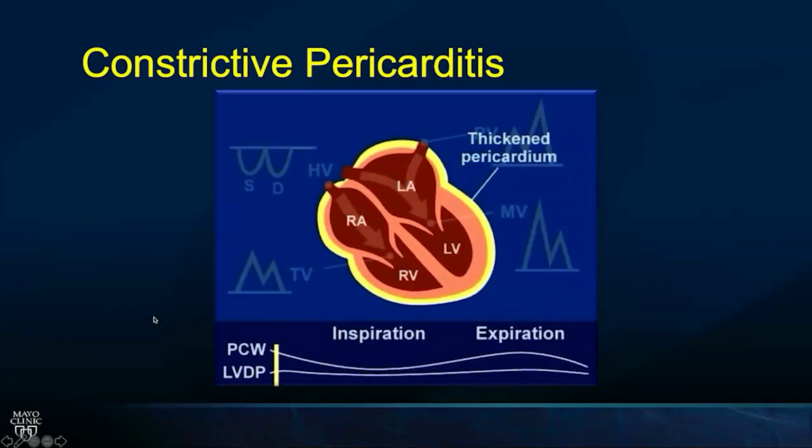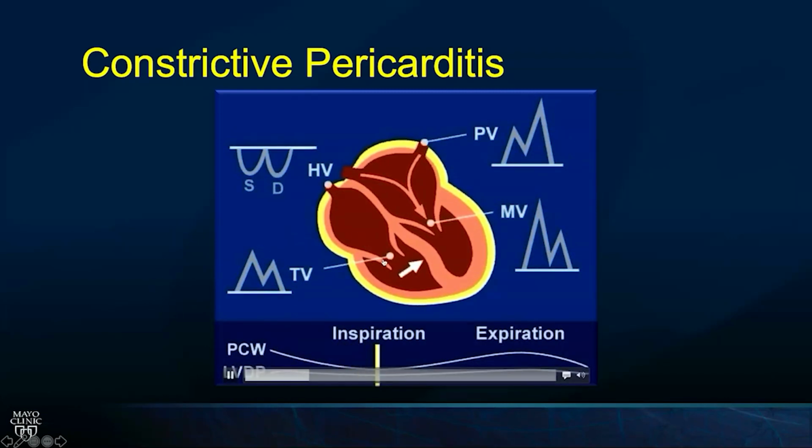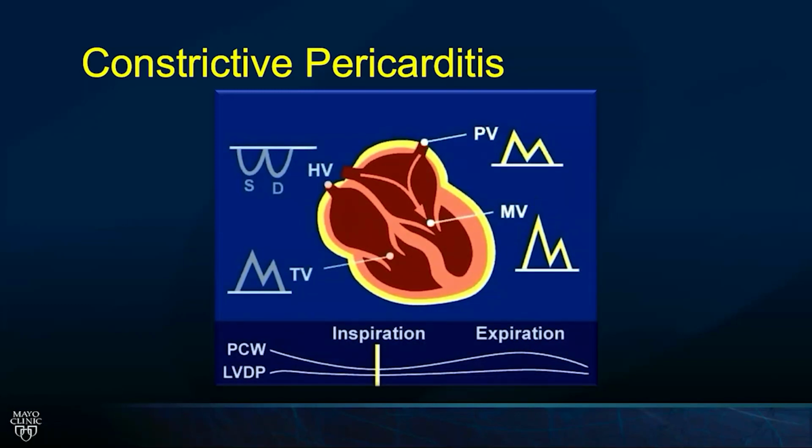And this is illustrated by these classic movies that Dr. Oh made for us years ago. When you take a breath in, you get blood out of the abdomen into the chest. It fills the RV, which pushes the septum over and compromises filling of the LV. So during a breath in, all the flows on the right side of the heart are going to be enhanced. All the flows on the left side of the heart are going to be diminished.